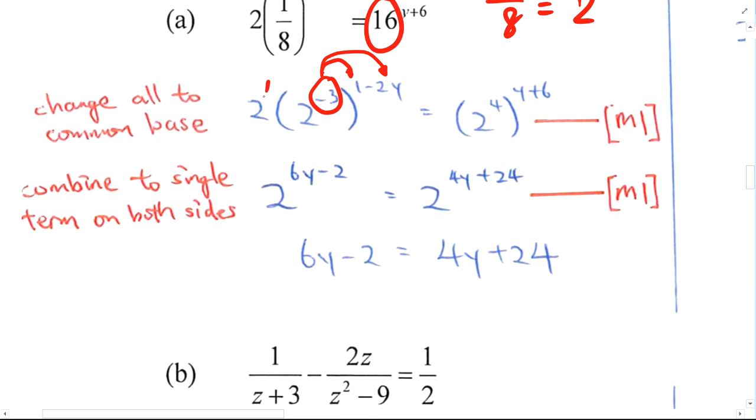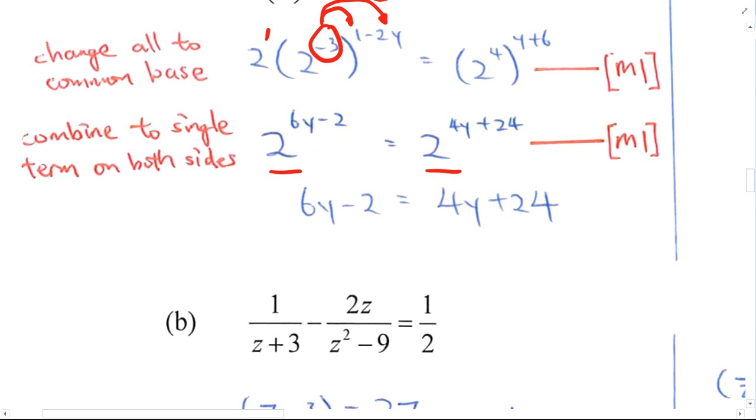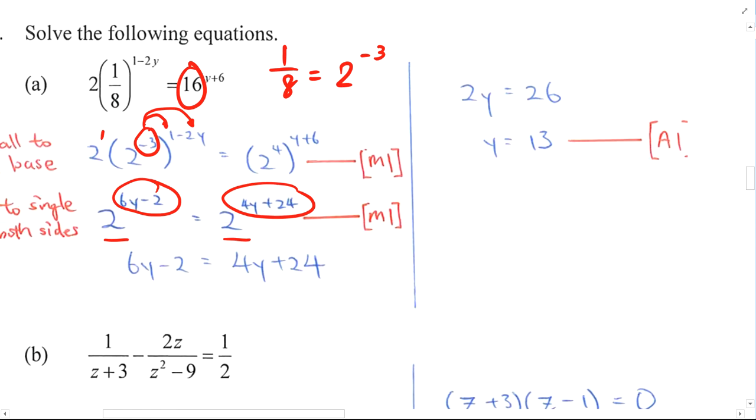So 6y minus 3 plus 1 gives us 6y minus 2. So now we see that the bases are the same. And this is the only way you have learned so far to solve for unknowns in the powers. Make the bases the same and just compare the powers. If these two are the same, the powers must be the same. So from here you will get y equals 13. 3-mark question.